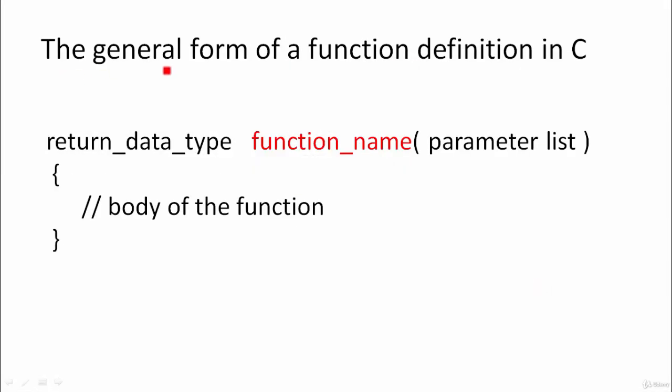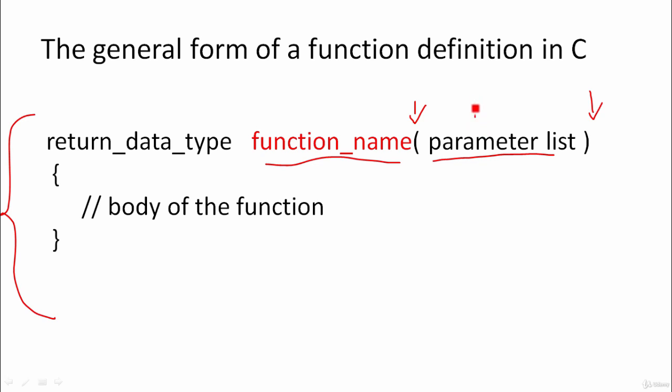This is the general form of a function definition in C. When you write a function, you first have to give a proper name for the function. You can follow the same rules you use to write a variable name. The function always comes with parentheses, and inside the parentheses you have to mention the parameter list.